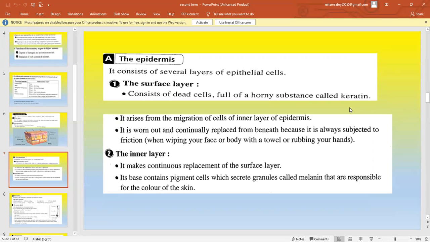So this is why the surface layer is composed of a horny substance which is called keratin.